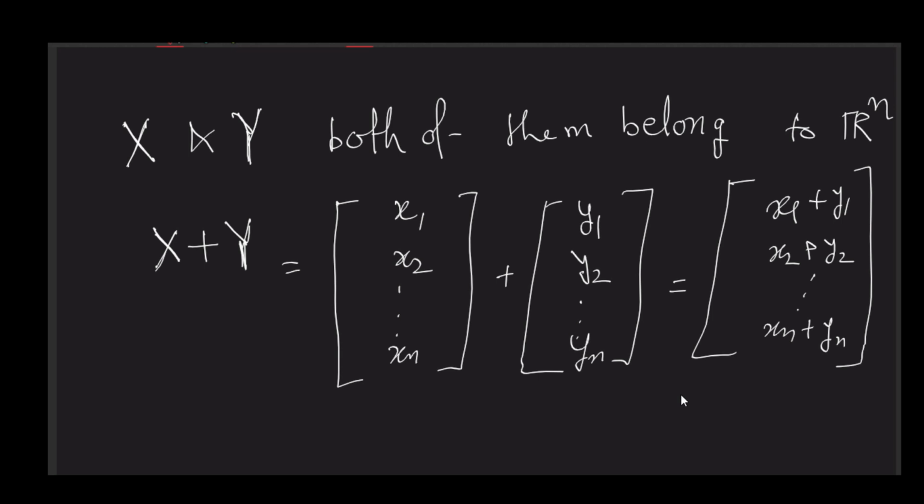So it is clear that if you define the sum in this way, then this addition is, you can check, commutative.